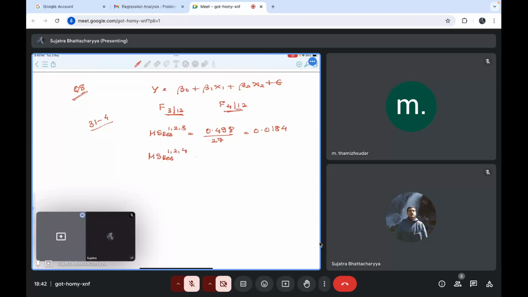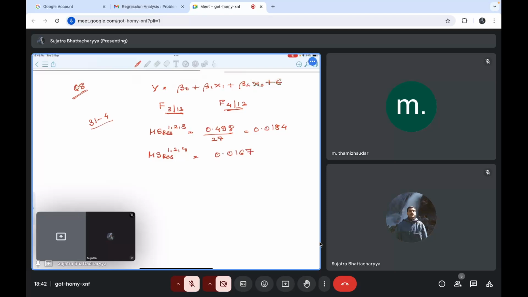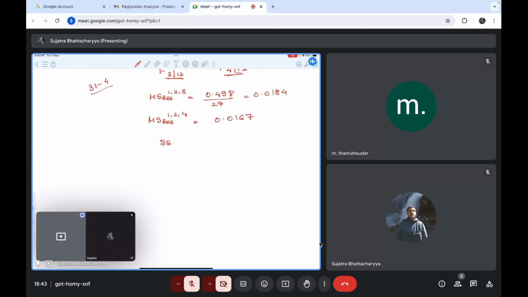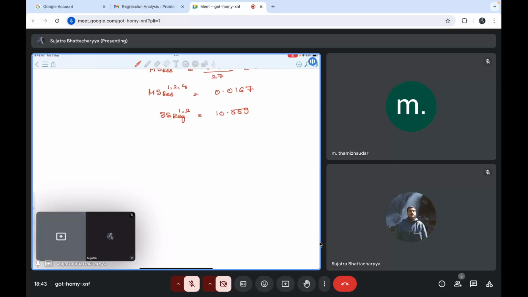For this case, it is 0.0168. Let me quickly write: this is the regression of 1, 2, which is very necessary, which is 10.559. We have already calculated it earlier. We also need the regression of the full, that is 1, 2, 3, which is 10.56, and this is the regression of 1, 2, 4, which is 10.60.